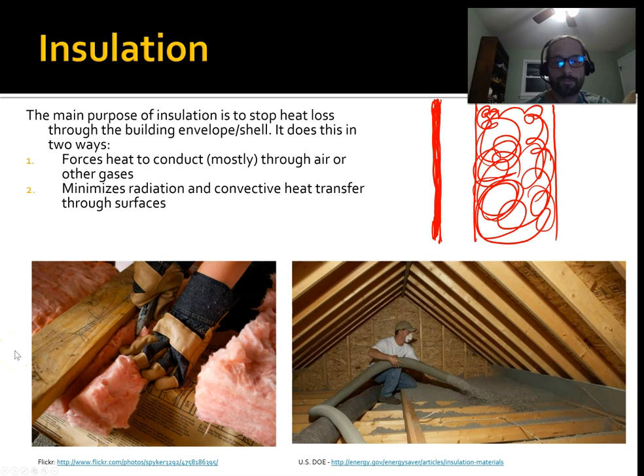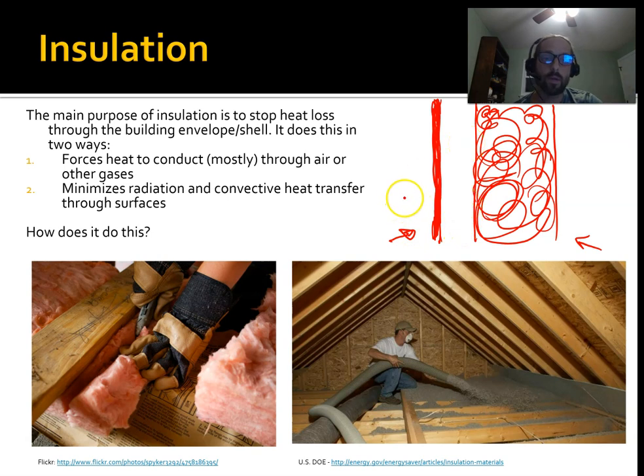Okay, so let's think of these two surfaces here. Let me get my pen back. Here's one, and here's the other. This one on the right has all these air pockets, it's insulation, and the one on the left has none.